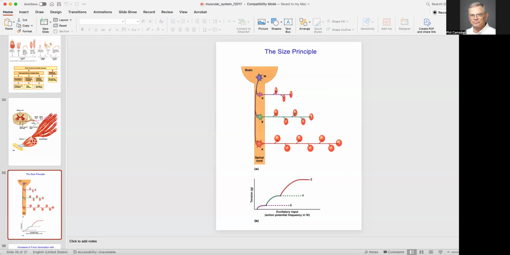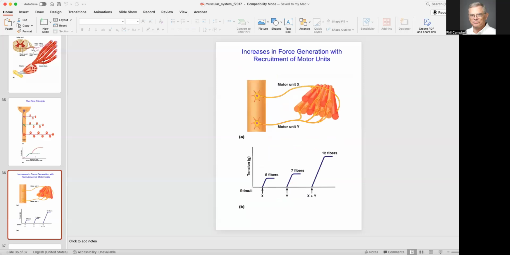Now, obviously, we can overcome the capacity of that muscle to remove that load or contract. That gets us to isometric contraction. So the force of contraction basically increases as we recruit more muscle fibers, more muscle cells.